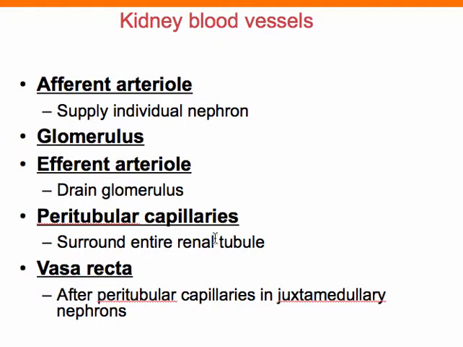The peritubular capillaries, they're going to be around the whole nephron. And then the vasorecta, they're only in a particular place. After the peritubular capillaries, only in juxtamedullary nephrons, which makes up only 15%, we have this special vasorecta capillary bed. The vasorecta capillary bed is in the renal pyramid, which has a salt gradient, and so it's going to help us to be able to concentrate urine.